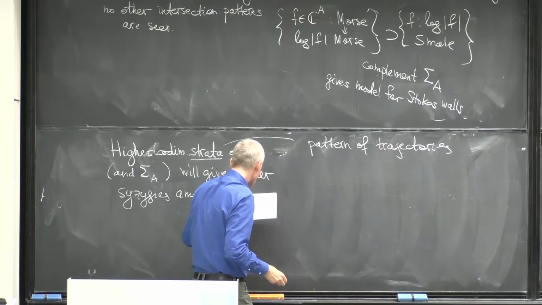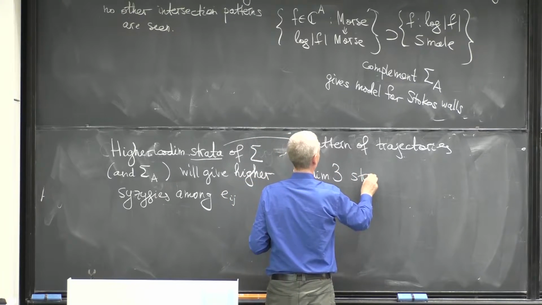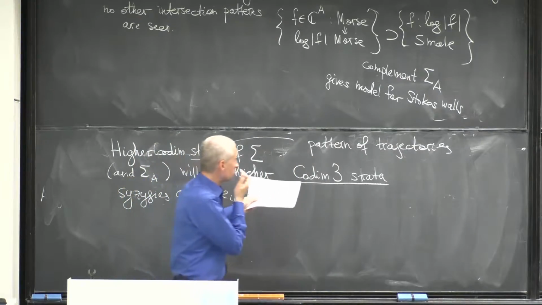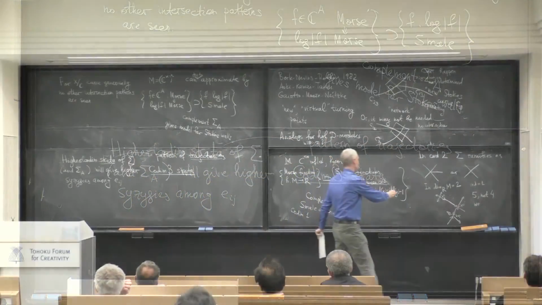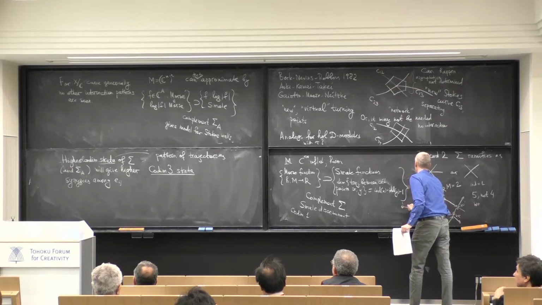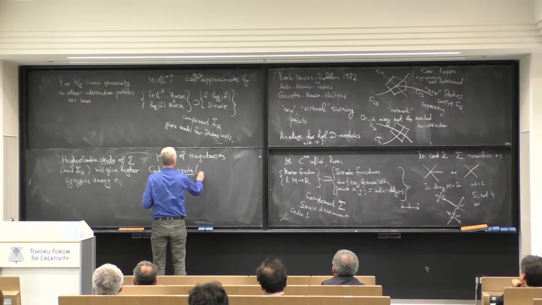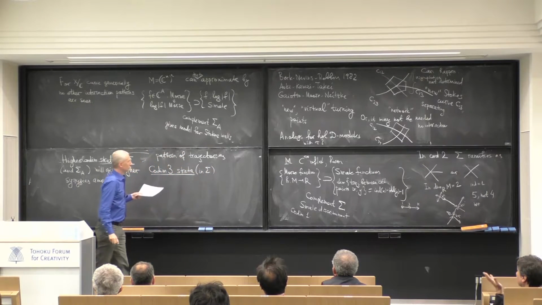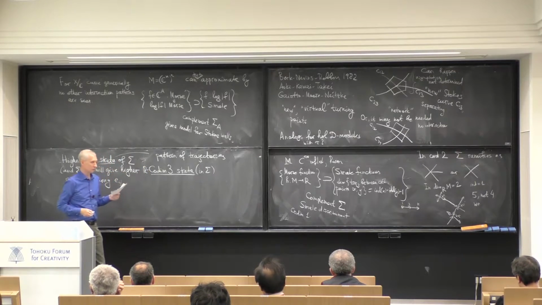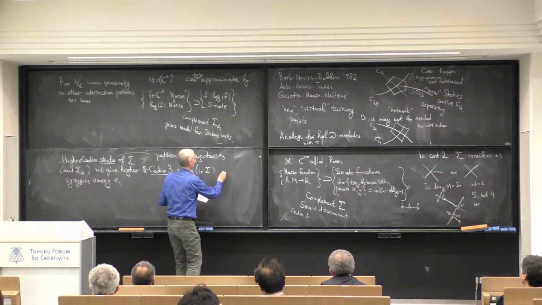So in particular, let's look at codimension 3 strata. A set of strata in the sigma, this corresponds to the pattern where we have 3 critical points. Now I'm going to coordinate a strata in sigma. Oh yeah, real. So they would correspond to patterns.